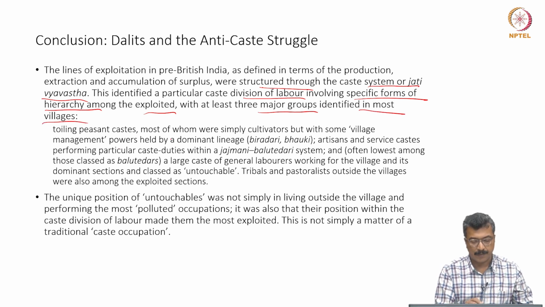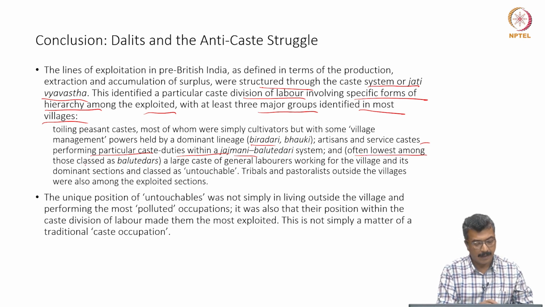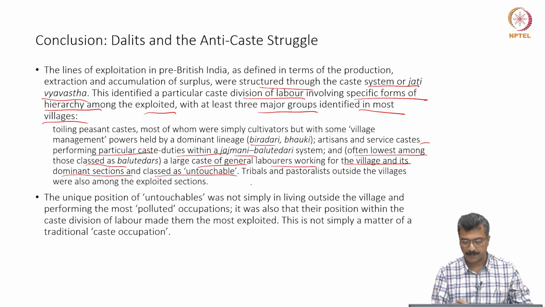Toiling peasant castes, most of whom were simply cultivators but with some village management powers held by dominant lineage, Biradari; Bauki, artisans and service castes, performing particular caste duties within the Jajmani Baluteri system; and often lowest among these, classed as Balutedars, a large caste of general laborers working for the villages and its dominant sections and classes, as untouchables. Tribals and pastoralists outside the villages were also among the exploited sections.